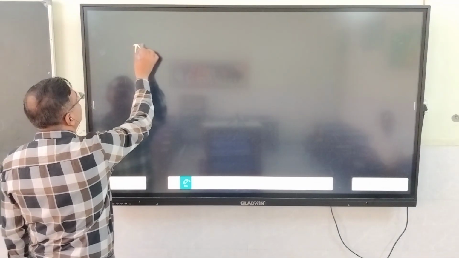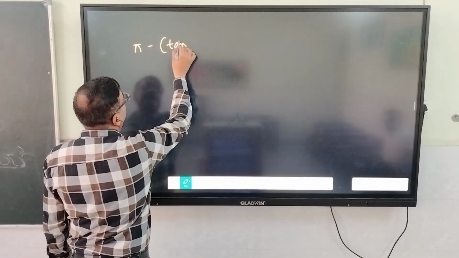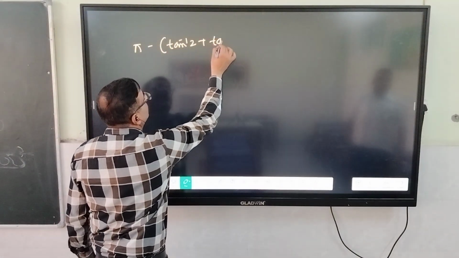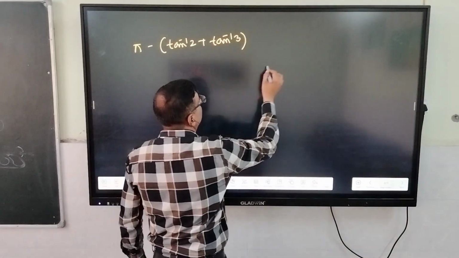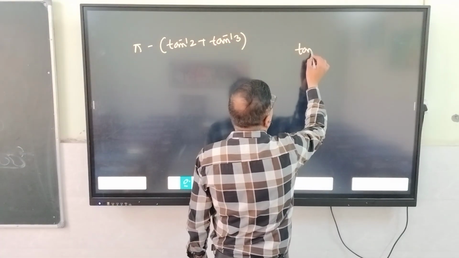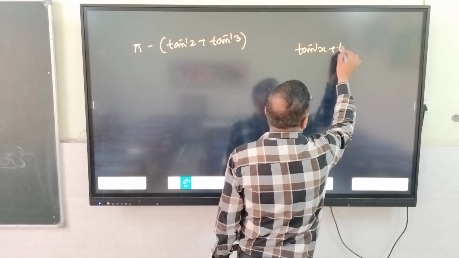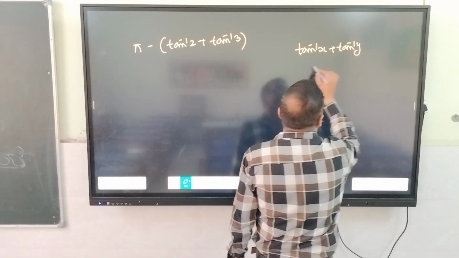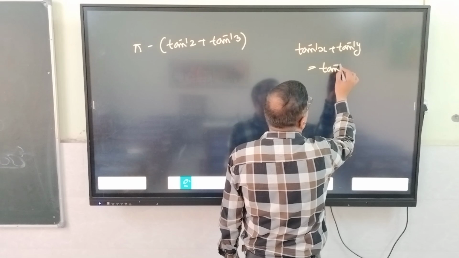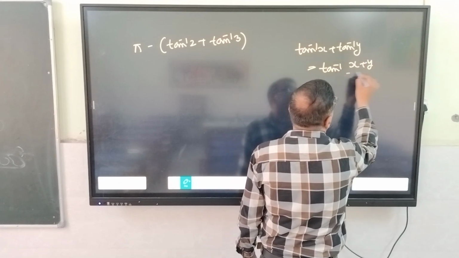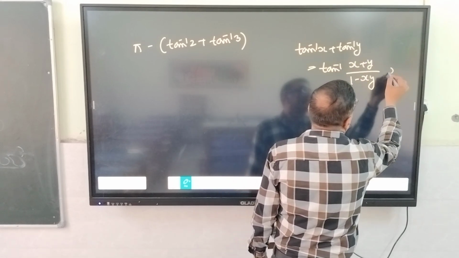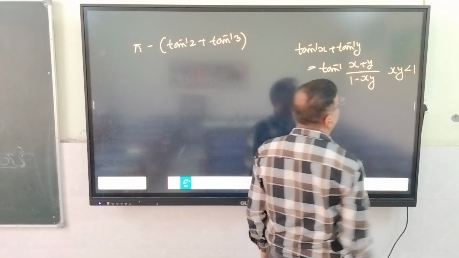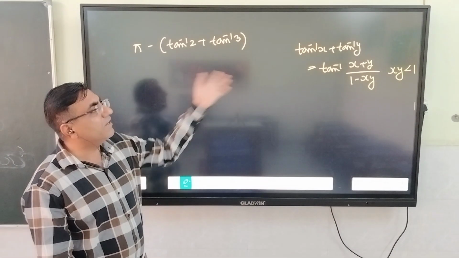We have pi minus tan inverse 2 plus tan inverse 3. Tan inverse x plus tan inverse y is equal to tan inverse of x plus y upon 1 minus xy if xy is less than 1. If xy is less than 1, we will apply this formula.